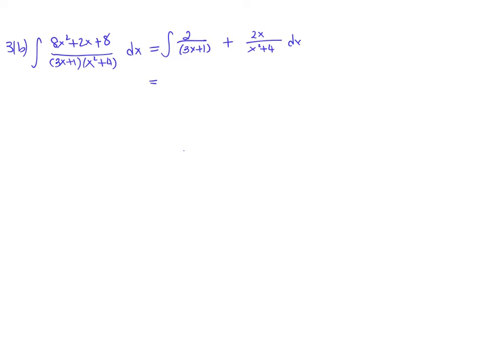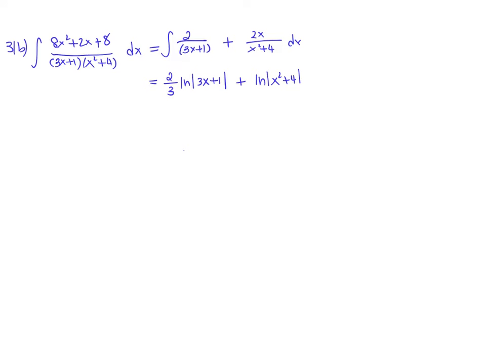As we can see here intuitively, what is the end product that we're supposed to have after you integrate? Yeah, we're going to have the ln function. So the first part here, you're expected to have 2 over 3 ln modulus of 3x plus 1. And the second part, I'm supposed to have ln modulus of x squared plus 4.